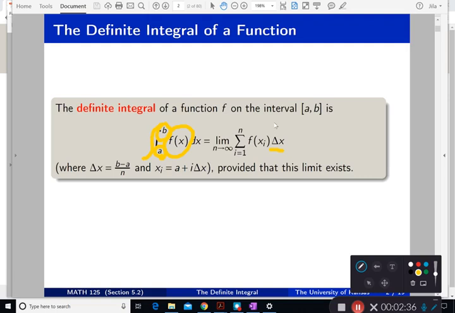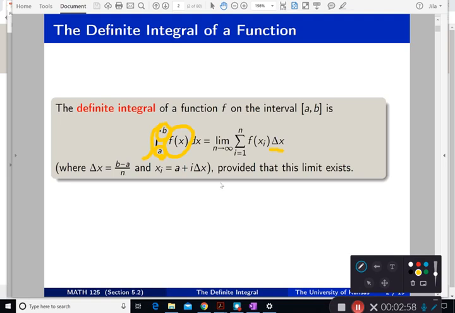Delta x is what you use to break down the interval, but dx is what happens to it after the limit has been taken.